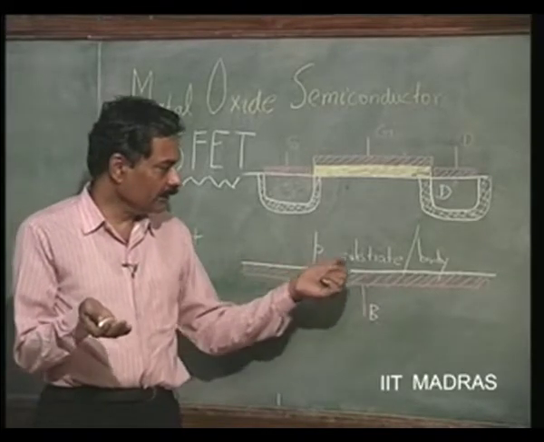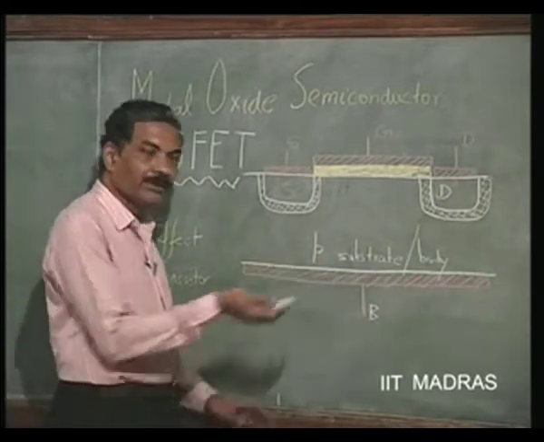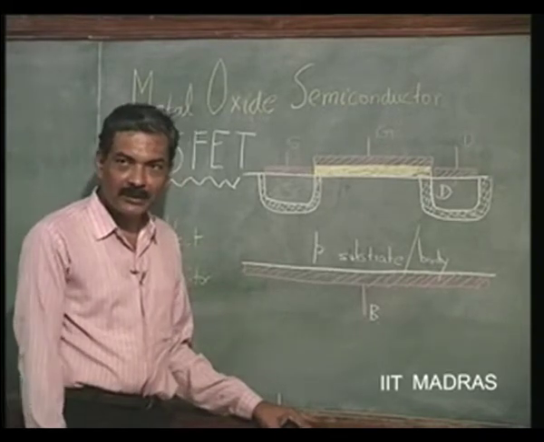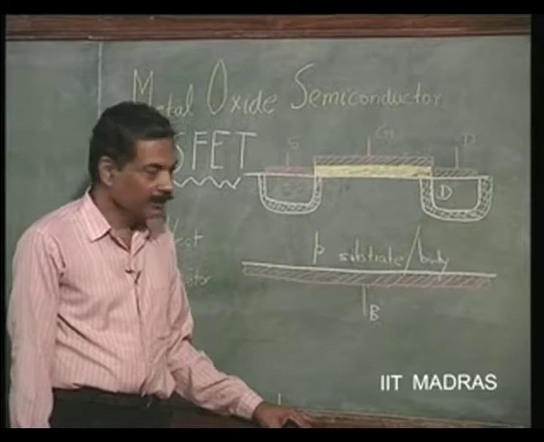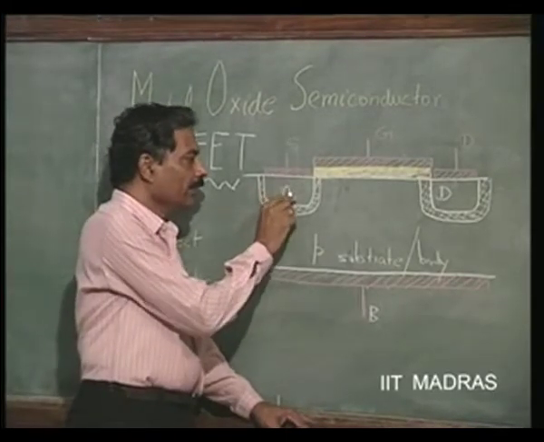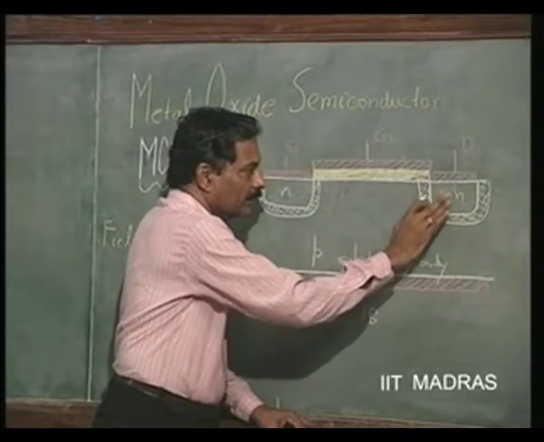This is the substrate material, very important. We could start with p type or n type; for illustration I have started with a p type substrate. Then it is going to have an n type well here as well as here.